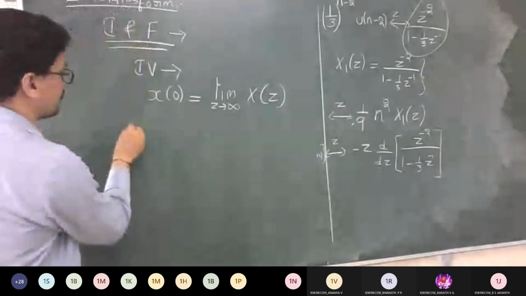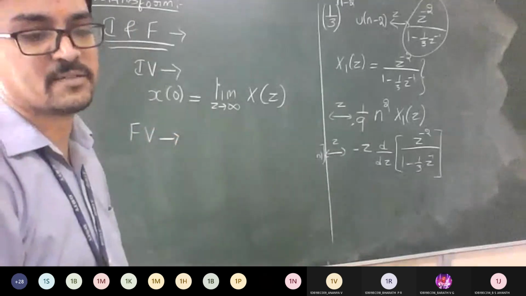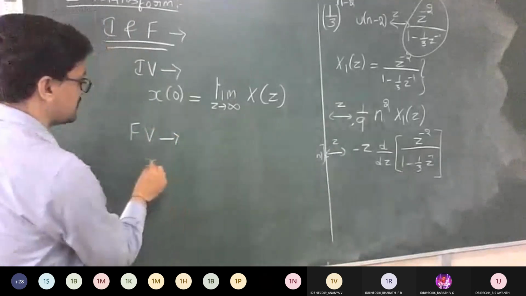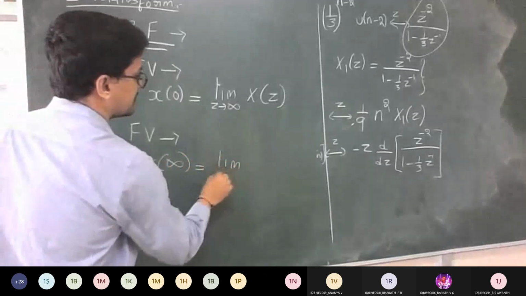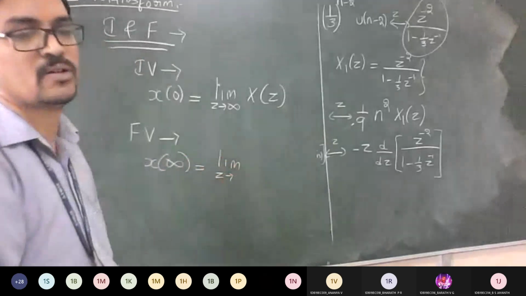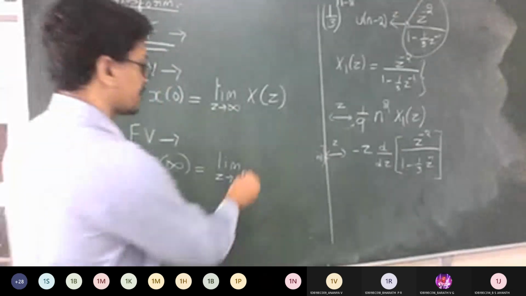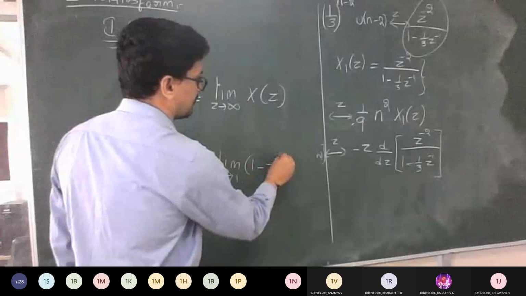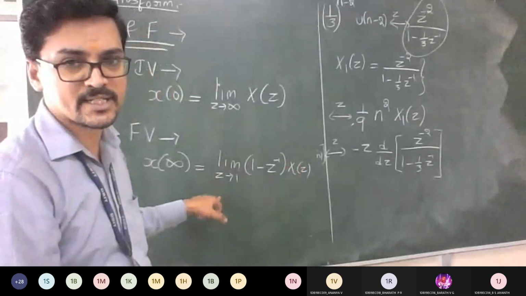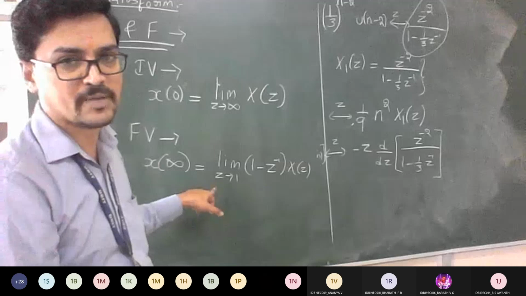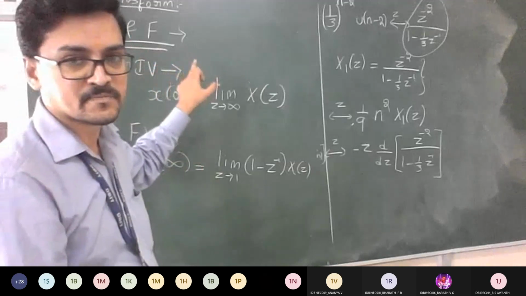Similarly, for the final value theorem, your condition will be x of infinity, if you apply limit as z tends to 1, z tends to 1 into the formula. So you need to know these two conditions, guys, to solve problems based on the initial value and final value theorem.